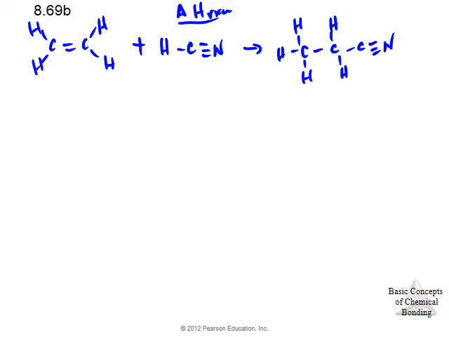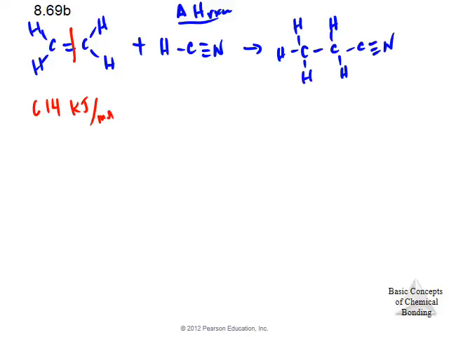No. So you need to break C double bond C on the left hand side. And in order to break that bond, you need to apply energy. So C double bond C has the energy of 614 kilojoule per mole. So let me write that down: 614 kilojoule per mole.